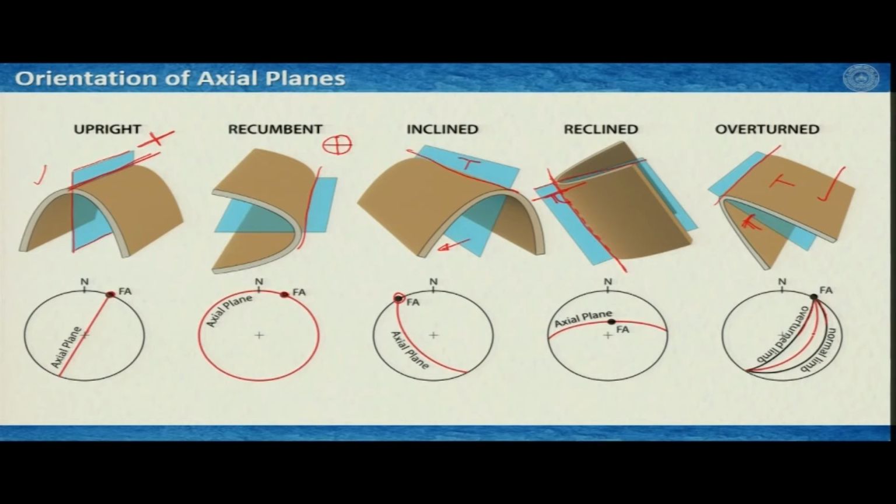The axial plane should pass through the middle of this normal limb and overturned limb. Now, all these things you have to see in profile sections, otherwise there could be some little error in plotting your data.